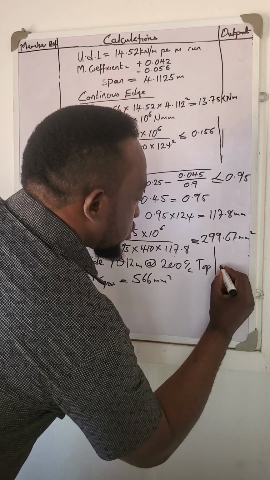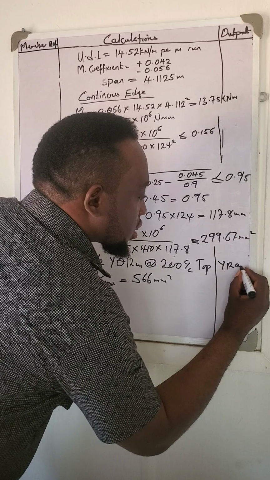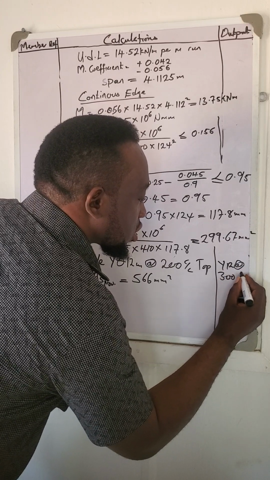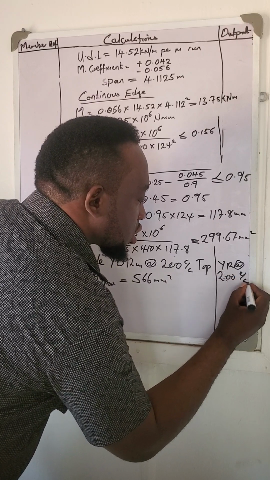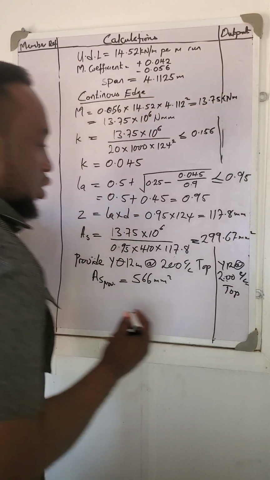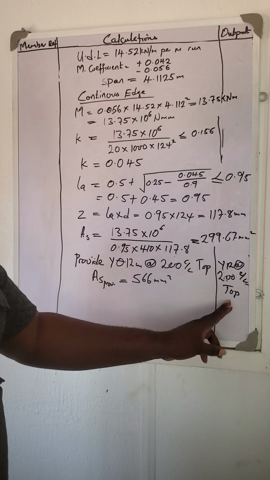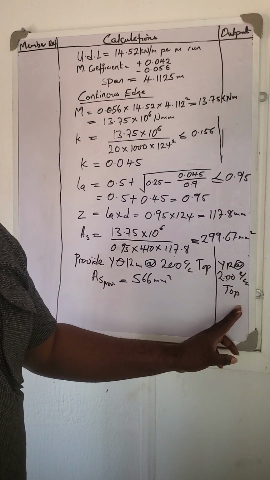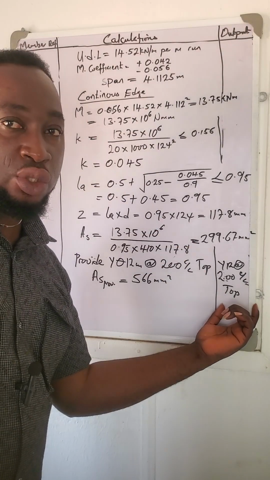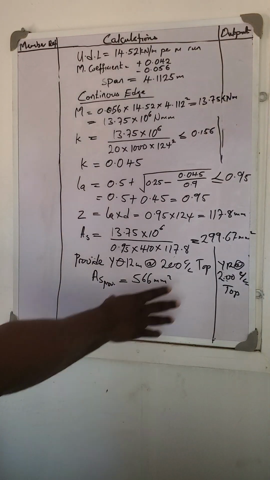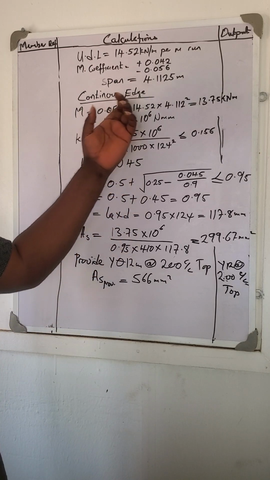So you will come to the output to say Y12 at 200 center to center top, so that if you employ the services of a draftsman, the draftsman will know where to apply the 12 mm. Because in most companies, they use draftsmen to detail their structure under the supervision of a structural engineer. So this is how to calculate for your continuous edge.